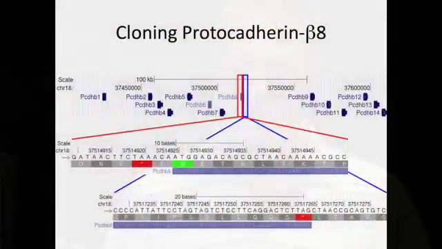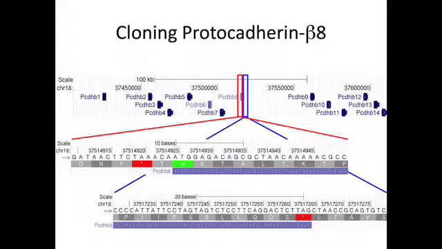That's not really important. I just wanted to show a view of a bunch of genes, and say we wanted to clone protocadherin beta 8, how we might go about doing that. I picked this region not because I'm particularly interested in this specific gene, but because it's an easy case, as these are all single exon genes. So we don't have to, well, I'll get into that a little bit later.